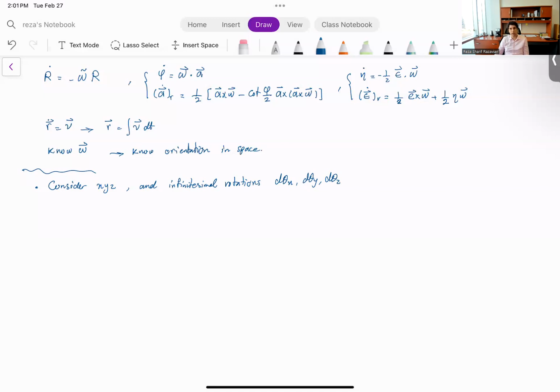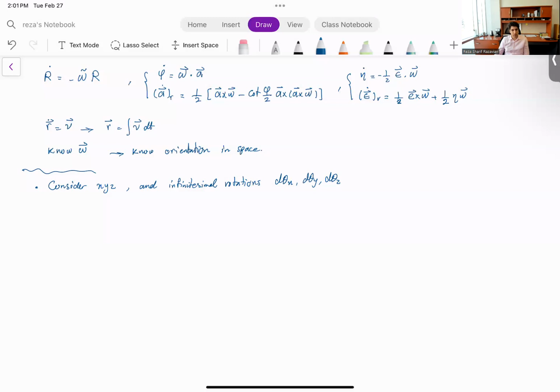So these are very small rotations that are approaching zero. So a few things. First thing to note here is, well, how do I say this? So I want to describe this rotation for now.